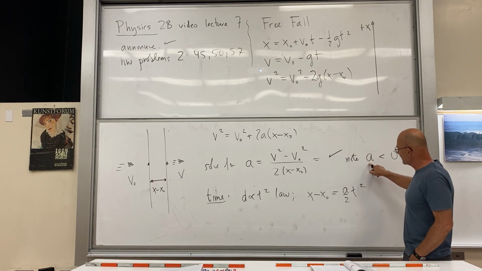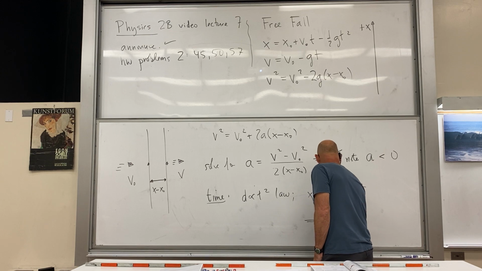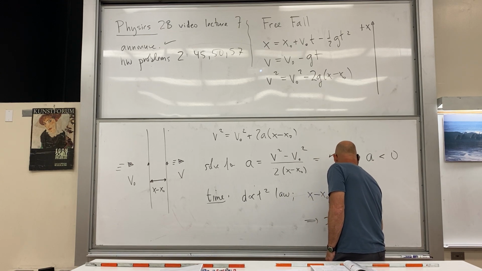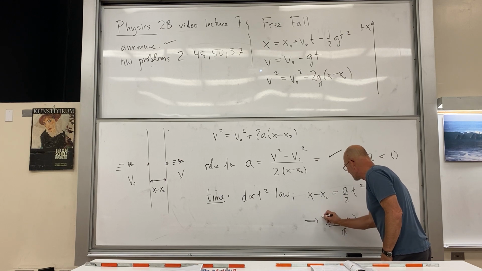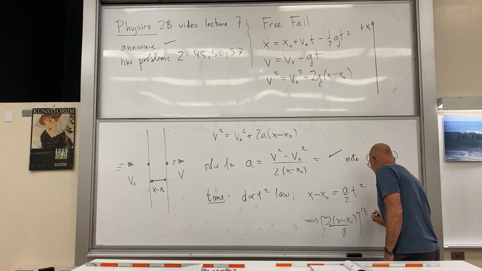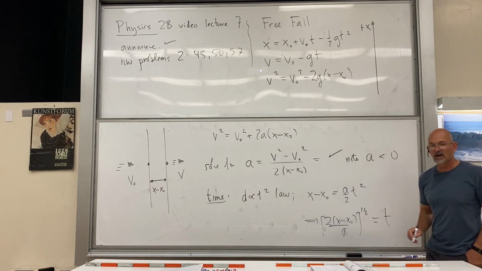Okay, so now we found the acceleration. That way we can say 2 times x minus x0 divided by a, take the square root of that. That'll be the time that it was in contact with the board.